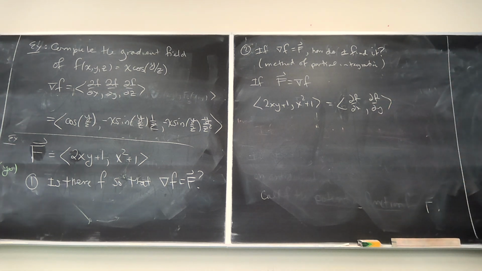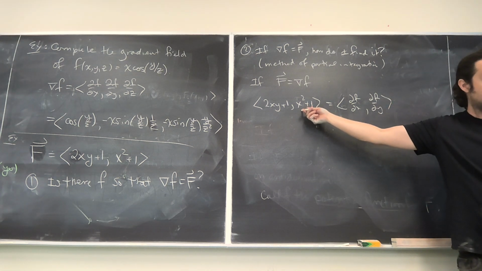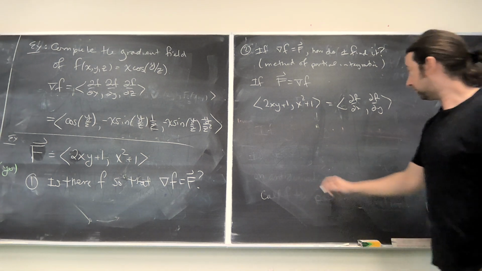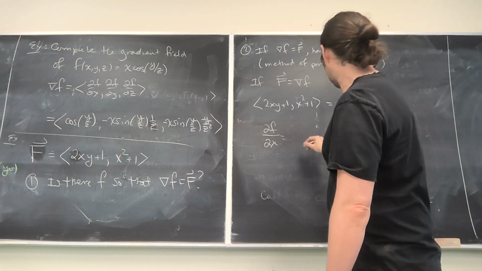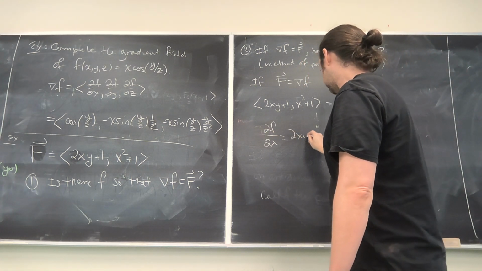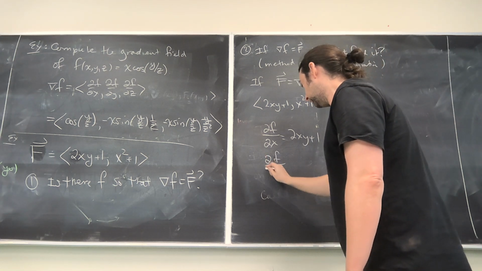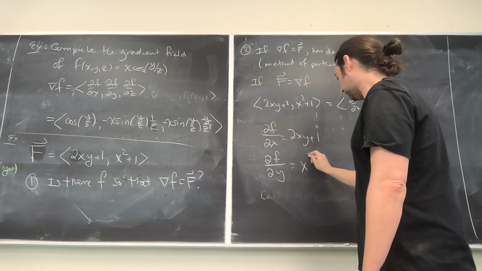That must be true. If such an f existed, this is how you would have gotten the vector field from it. Well, that gives me a system of two equations. df dx is equal to 2xy plus 1, and df dy is equal to x squared plus 1.